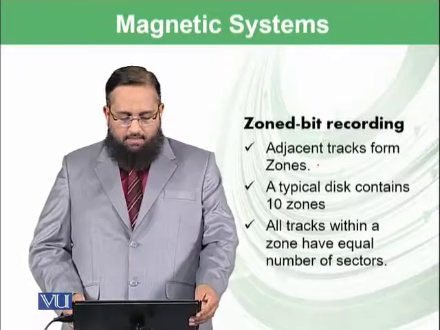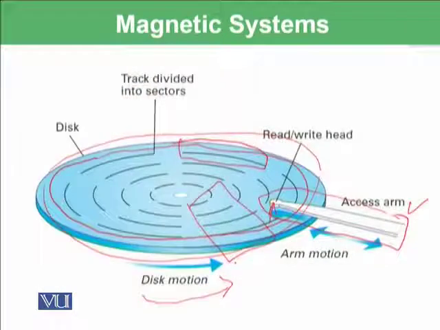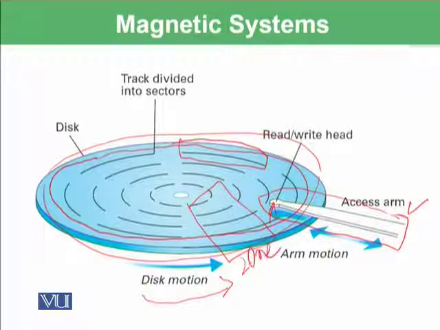So if I let you see the zones, for example, these are the corresponding or adjacent sectors, and they can form a zone. The read-write head coming in this direction can read data from the adjacent sectors. So this reduces the time to read and write the data.